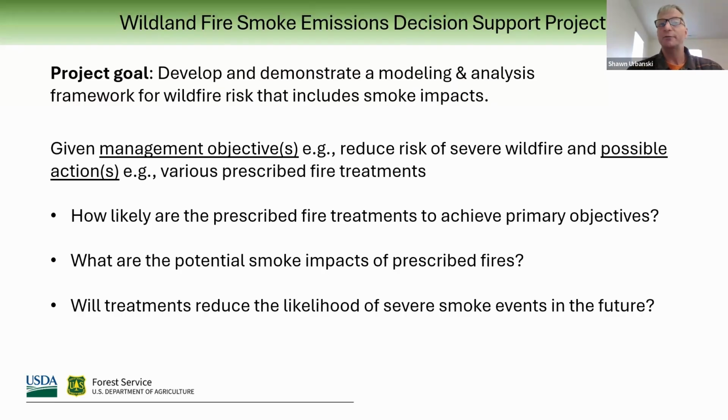How likely are the prescribed fire treatments and/or mechanical fuel treatments to achieve the primary objectives of the land managers, protecting a community, for instance? Also, what are the potential smoke impacts from the prescribed fires that are going to be used to achieve those objectives? And then finally, will these treatments reduce the likelihood of severe smoke events in the future?